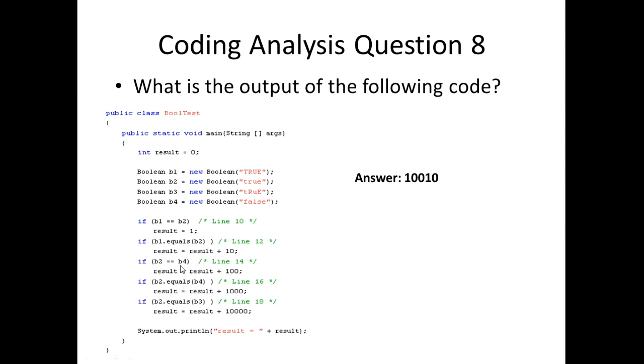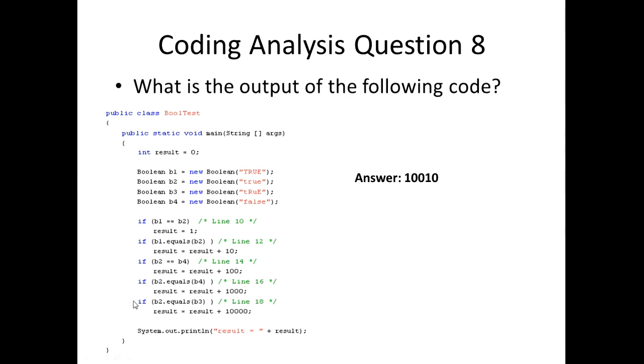If you go to B2 double equals B4, these two do not reference the same location in memory because they're two different objects. If we go down here, B2 dot equals B4, they don't have the same content. One is true, the other is false. So it's going to bypass this.